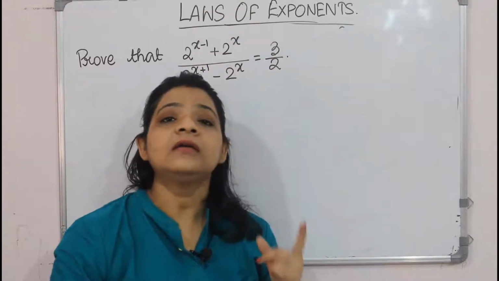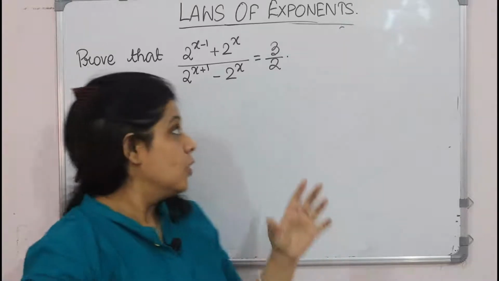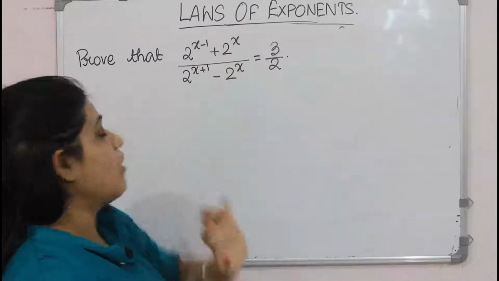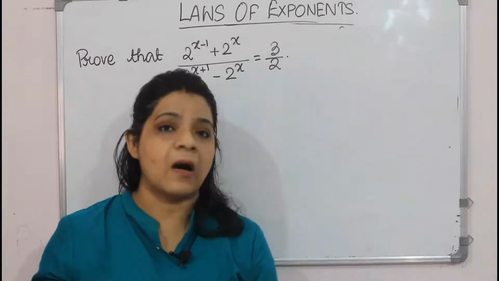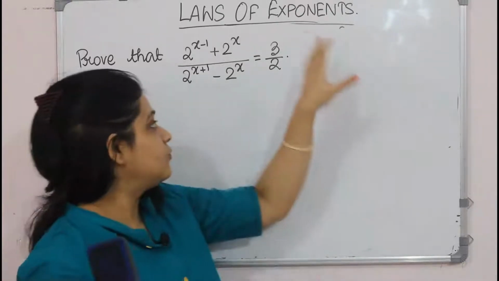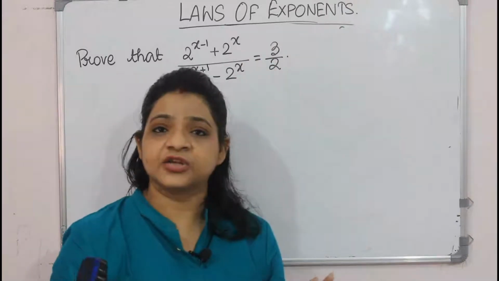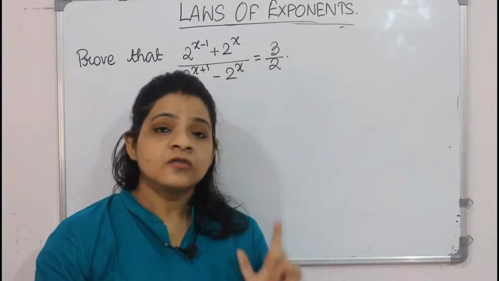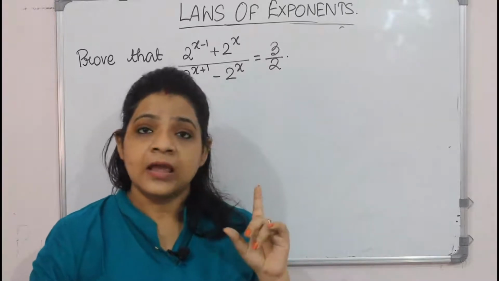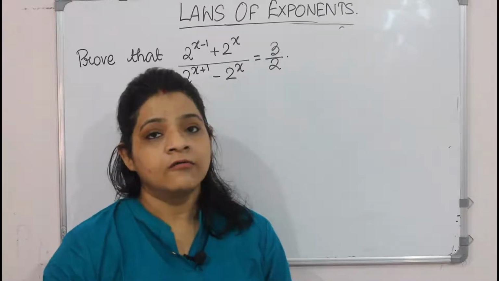So the main target for you will be to get rid of this exponent, that is 2 to the power of x. So x is the power, isn't it? And this will be in the form of a fraction where it is free of any power. Okay, so this is the first aim that you have to fulfill.